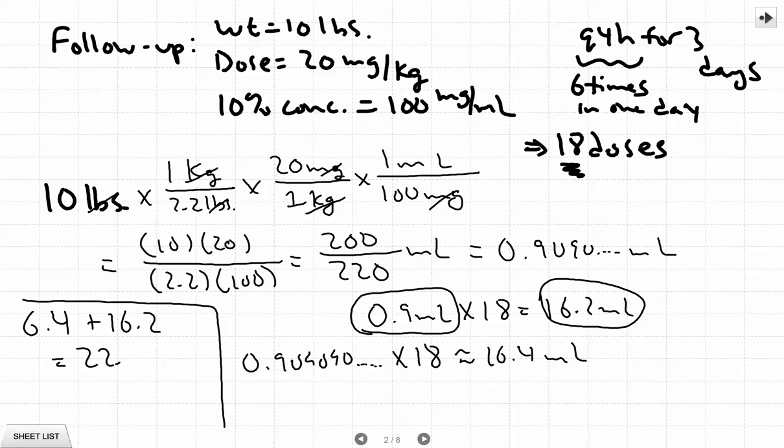So if you add those two together, you get 22.6 mLs total. So that would be the total amount of acetylcysteine that you will need to give to this pet. 6.4 to start, and then 0.9 mLs 6 times a day for 3 days. So the total amount is 22.6.